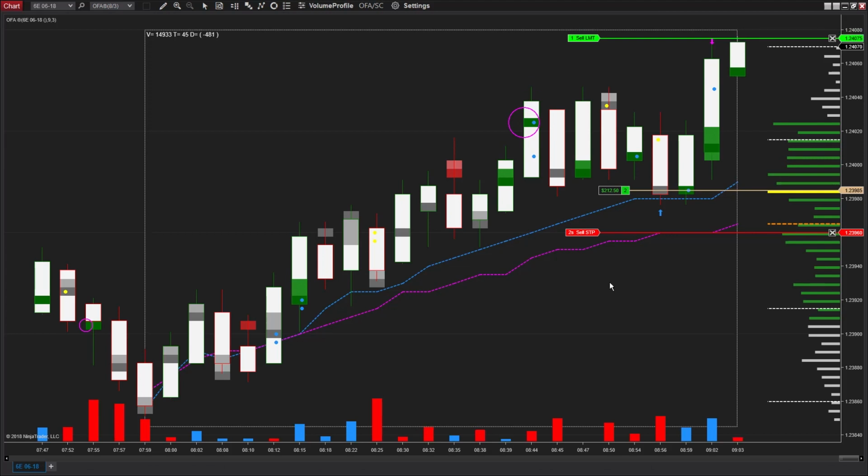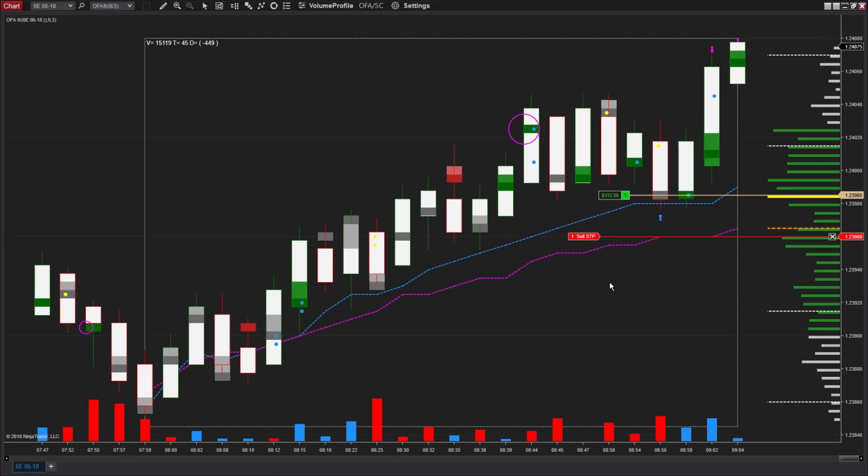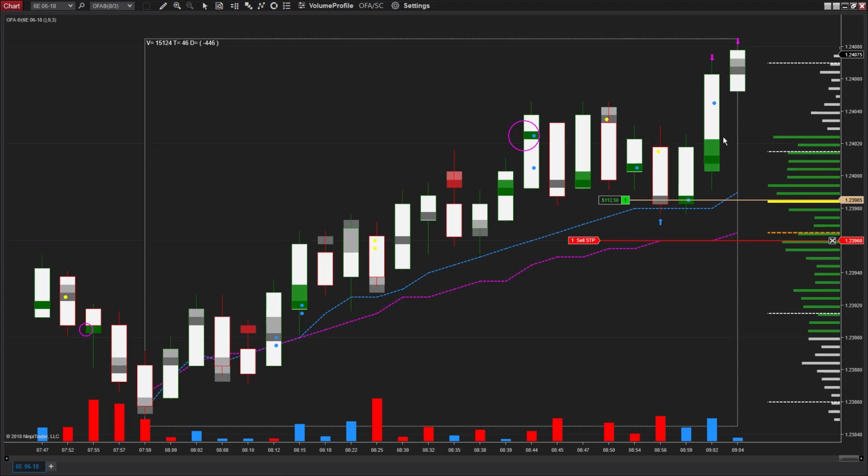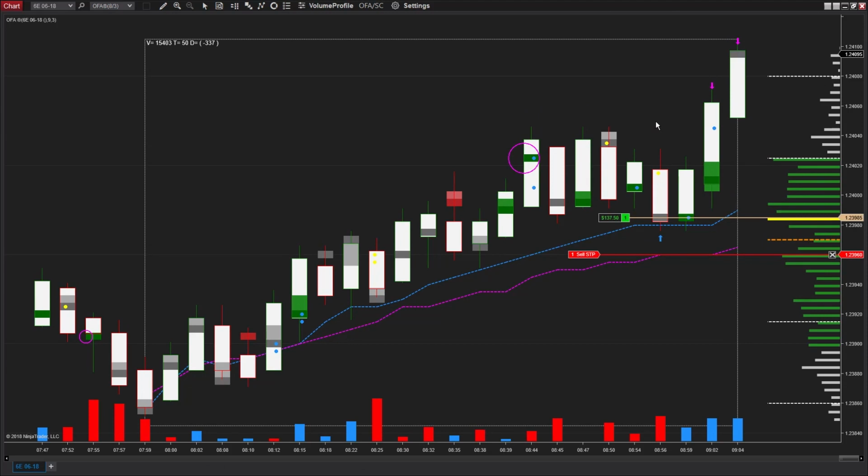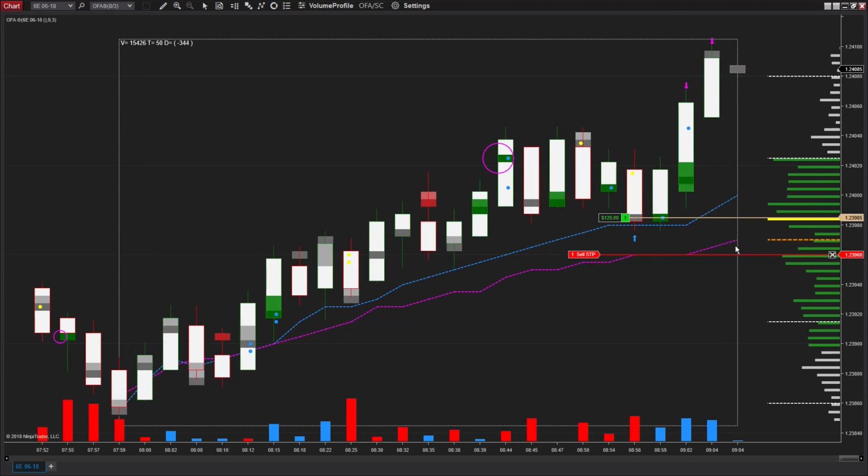We've now hit the 3 to 1 target. It didn't fill, but we tapped into it. Target filled. All right, and the 3 to 1's been filled as the market begins moving higher. Now our stop improves again, so we're going to slide the trailing stop up another tick.